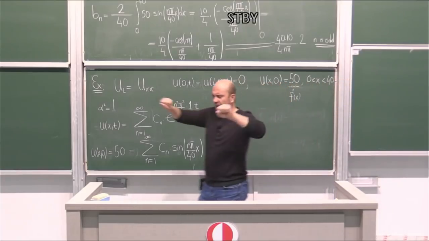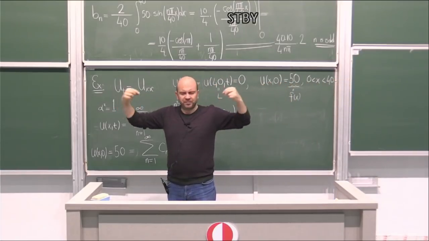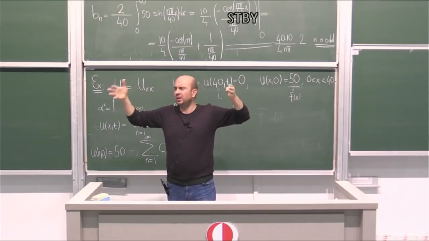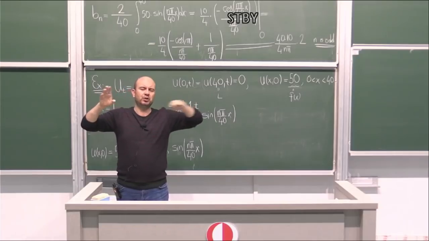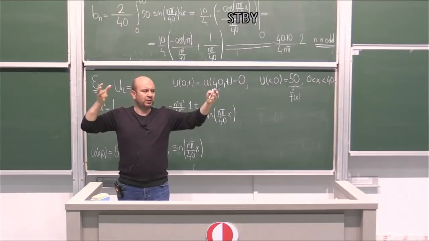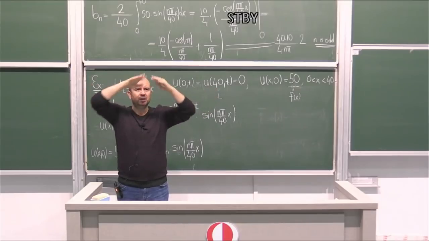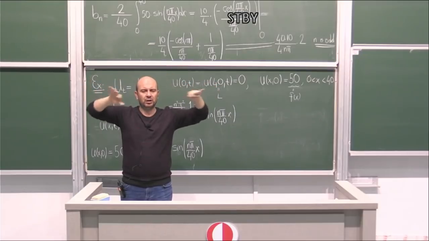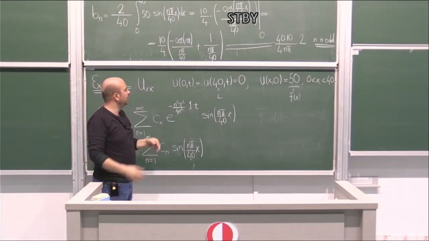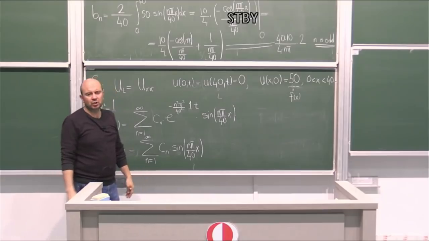You have a rod and you are freezing the ends, putting them in an icebox with temperature 0. So eventually, whatever the initial temperature is inside, you are freezing it from the ends. The initial temperature may be high, but it will get lower and lower. Eventually, the temperature must go to 0.